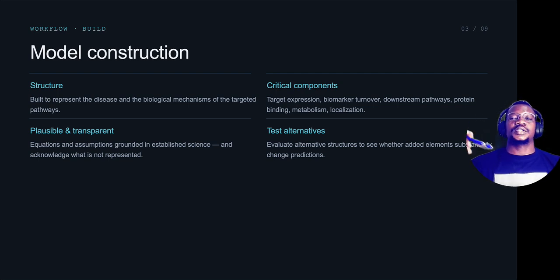Some of the critical components are target expression, biomarker turnover, downstream pathways, protein binding, metabolism of the drug, and localization. You have to test alternatives as well, evaluating alternative structures to see whether added elements substantially change predictions or not.